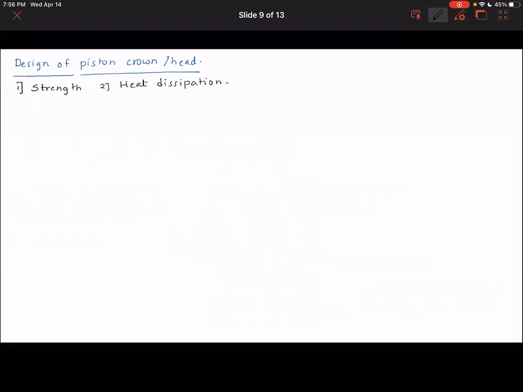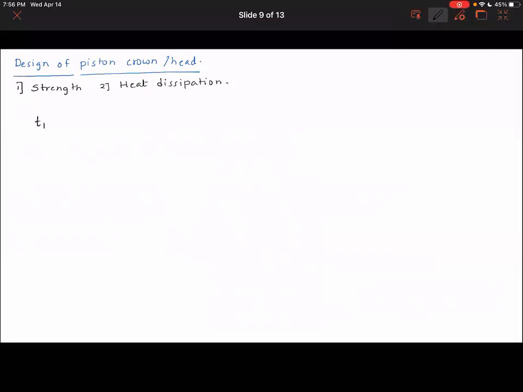So if you think about the design, there is something called the Grashof formula that is used for the thickness of the piston head. I'm not going to derive this formula, but I'm just going to give you the expression.